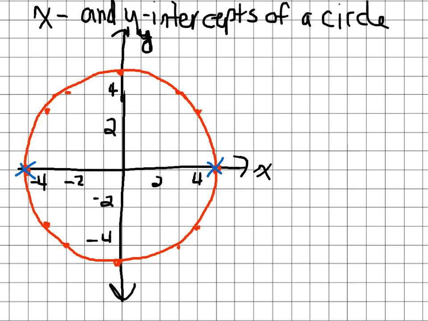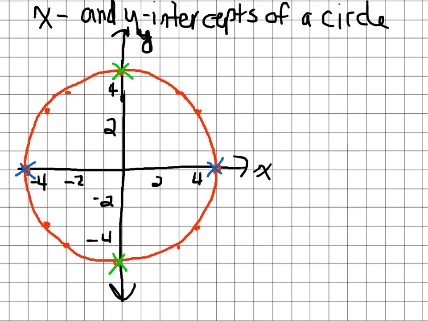The circle crosses the x-axis twice. And I have two y-intercepts, one here and one here, because the circle crosses the y-axis at two places.